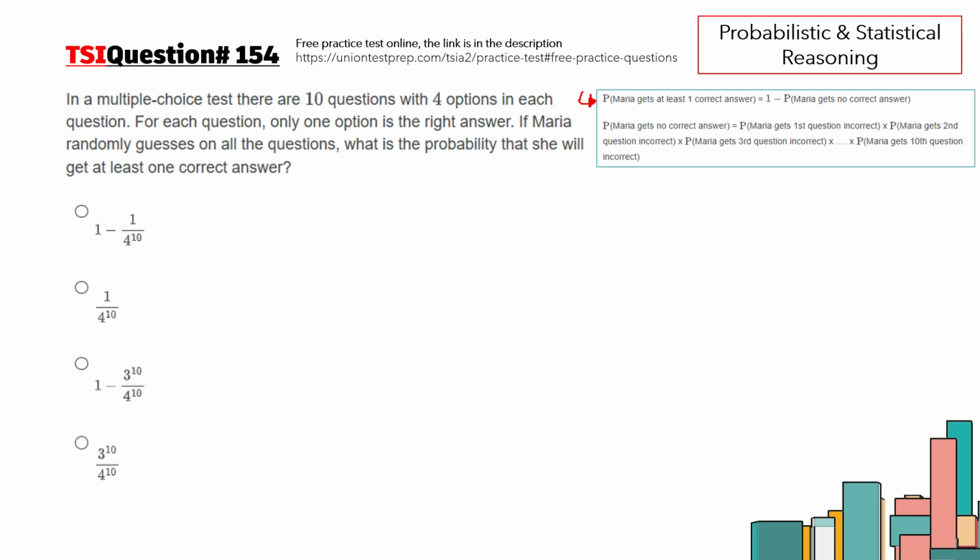That will be a lot of probabilities to calculate. So we make a shortcut: the probability that she has at least one correct answer is 1 subtract the probability that she gets no correct answer at all.